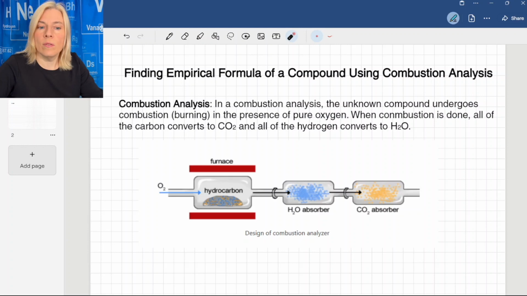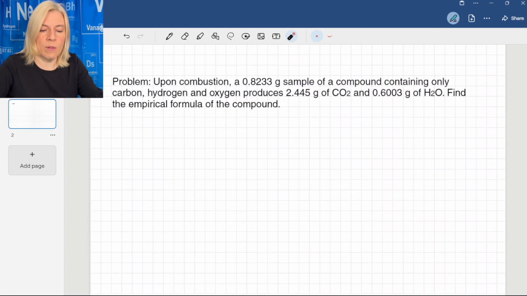Let's actually do this. Here is our problem. Upon combustion, a 0.8233 gram sample of a hydrocarbon, it contains carbon, hydrogen, and oxygen, produces 2.445 grams of carbon dioxide and 0.6003 grams of water.